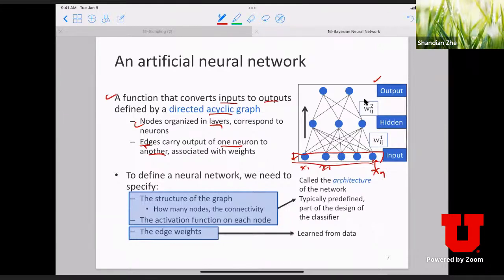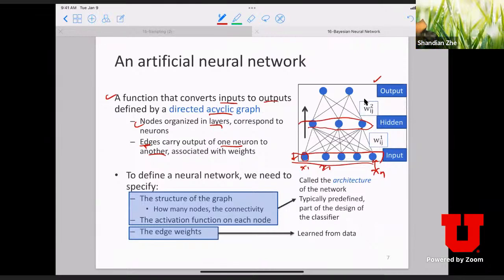The input neurons will be fed into the next layer here, right? And how to feed them? It will be determined by the connection between each neuron in the input layer and the neuron in the hidden layer, and also the weights associated with those edges. We're going to talk about how they're computed in the next step.